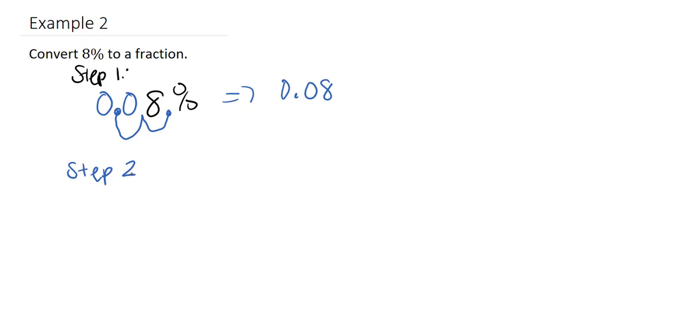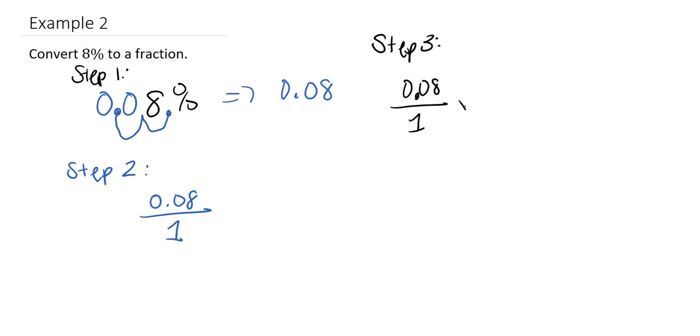Step 2 is to put 0.08 over 1. Step 3. We will multiply 0.08 over 1 by 10 for every number after the decimal. So we still have 2 because we have a 0 and an 8. So we need to multiply by 100 on both the top and the bottom.